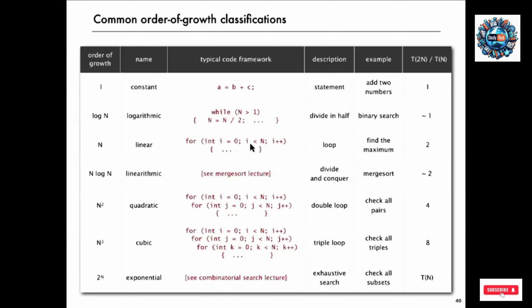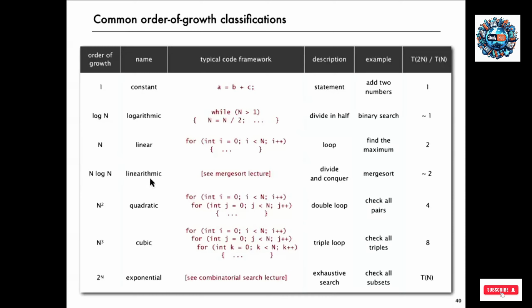If you have a loop where you touch everything in your input, then the running time is linear, proportional to n. A typical example of that would be find the maximum or count the number of zeros, our one-sum problem. A very interesting category is the so-called n log n algorithms, or linearithmic algorithms.